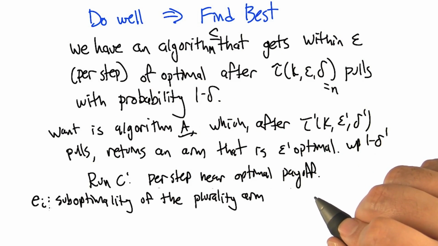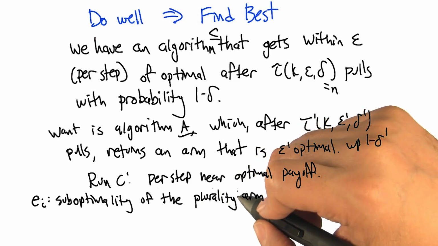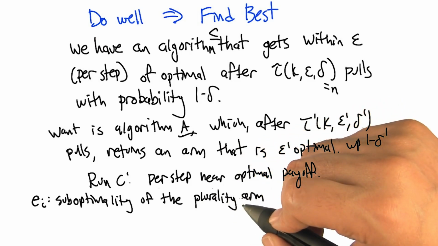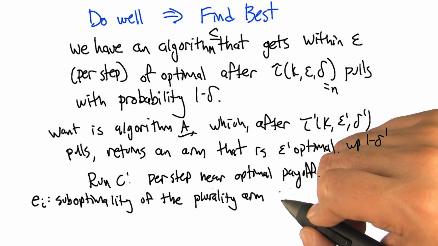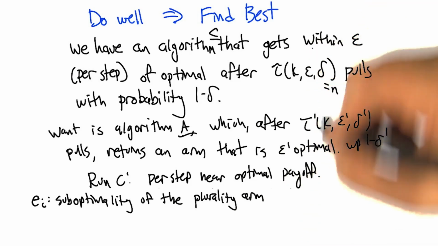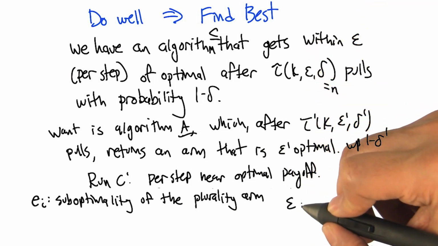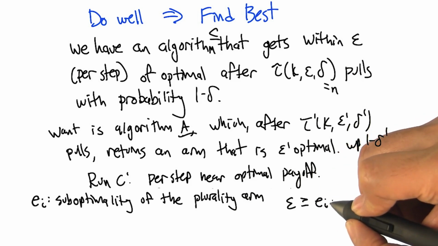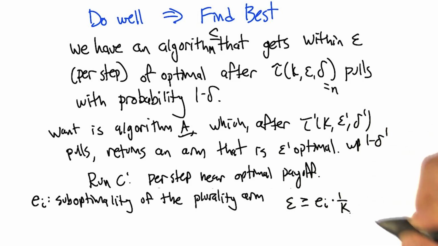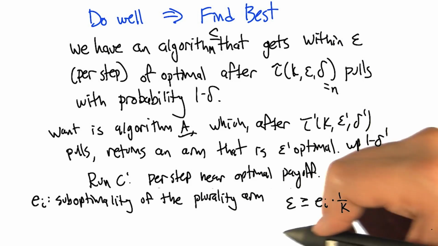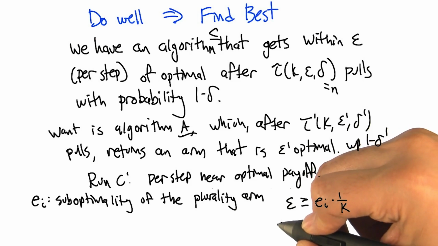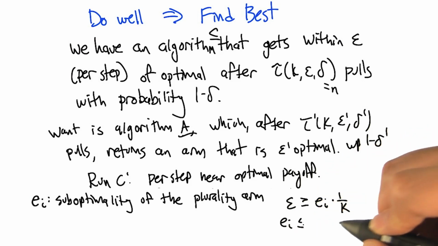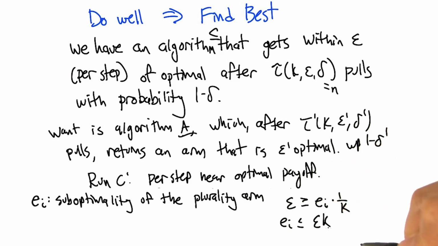So what do we know? We know that this arm is chosen at least 1 over k of the time. So the total per step error, epsilon, has to be at least as big as E sub I times 1 over k. Okay, so if we rewrite this as a constraint, E sub I has to be less than or equal to epsilon times k.